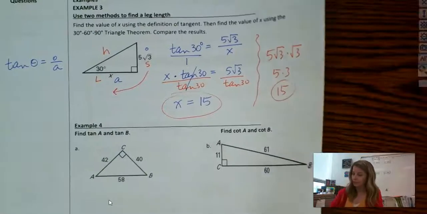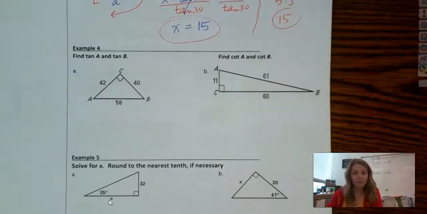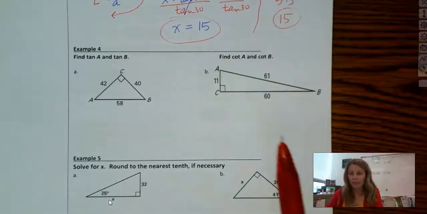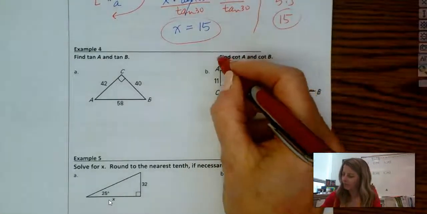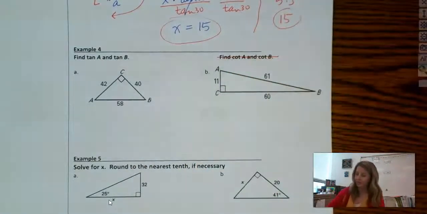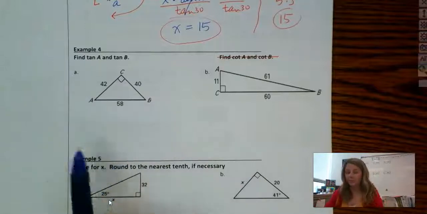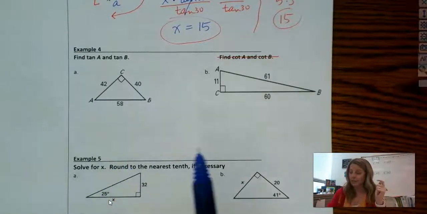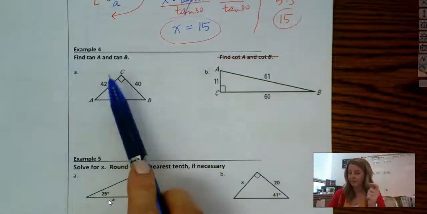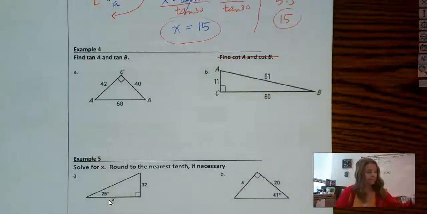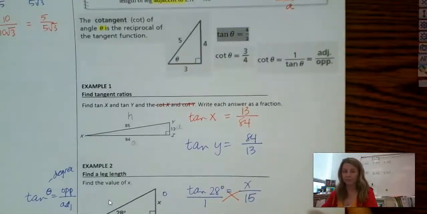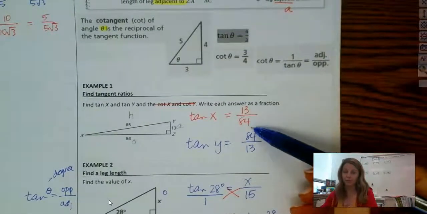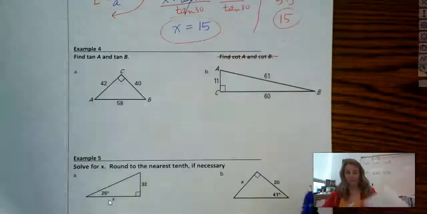Okay, let's continue on. Number 4. Let's skip B. We're not going to do cotangents, like I said, so let's skip that. So let's go back to example 4, where we go back to just writing the tangent of angle A. So I'm not solving for x. Back to that very first example, I'm simply writing the ratio of opposite over adjacent.